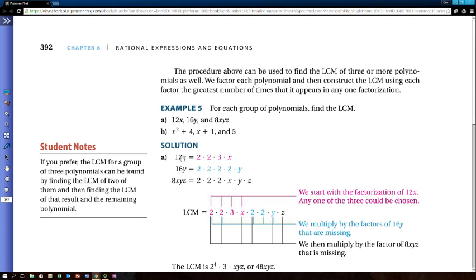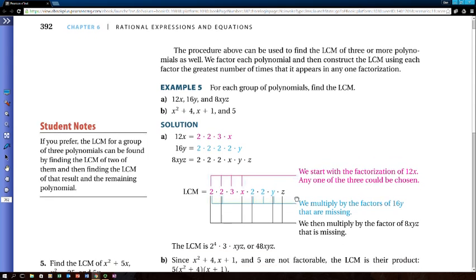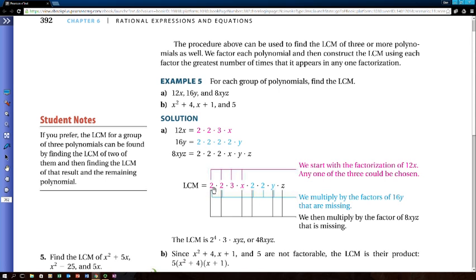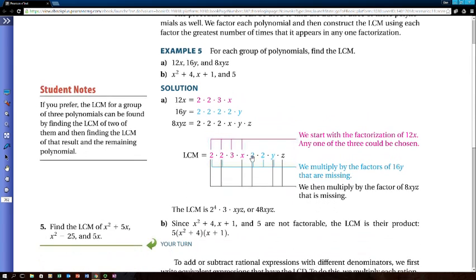They said, well, 12x, let's let that be up here, this red stuff, and I got 2 times 2 times 3 times x. The 16y will be represented by this blue line, which is 2, 2, 2, 2, y. 4 2's and a y. Okay. Notice that we already had a 2 up there from the first term.